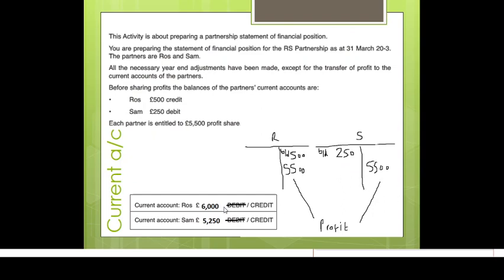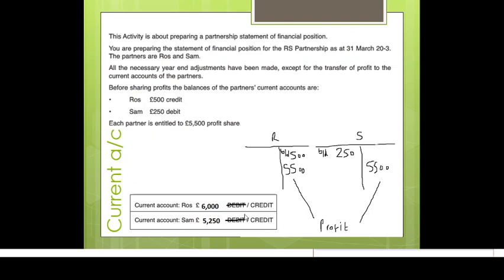Okay, so they both have a credit balance. The only difference is Ross has more money than Sam because he started off with a positive, hence he is better off, whereas Sam started with a negative, so he's got to use his profit and pay that money back.